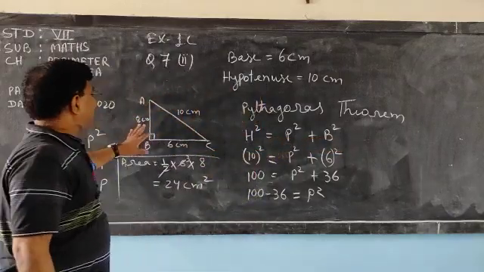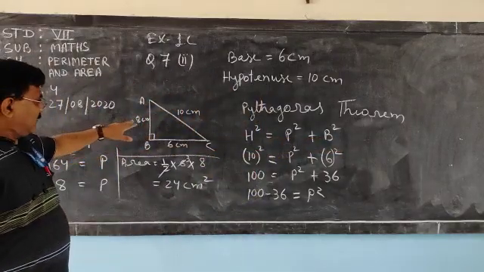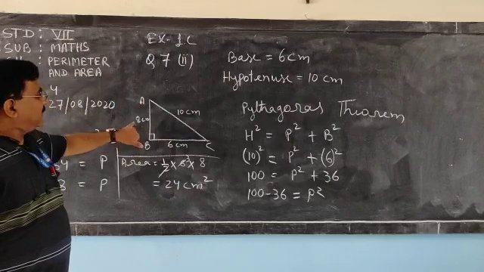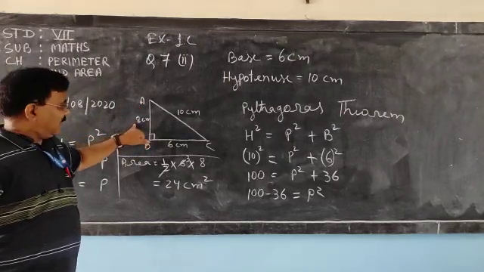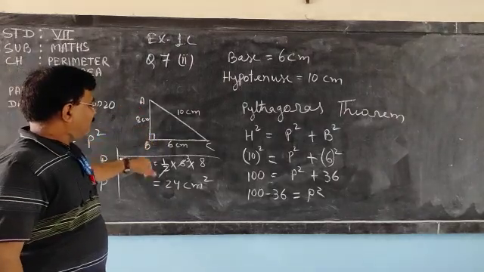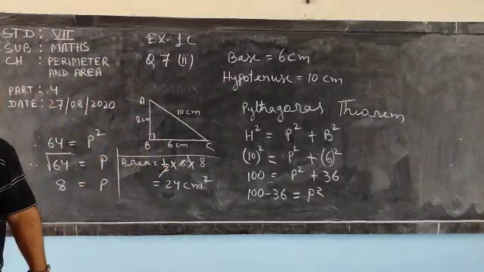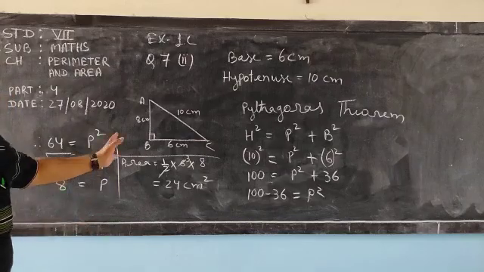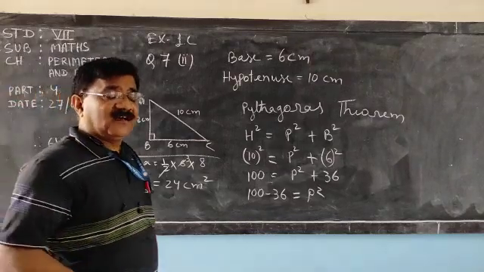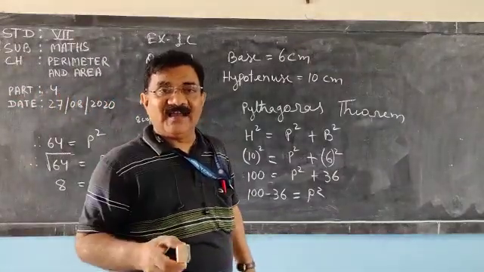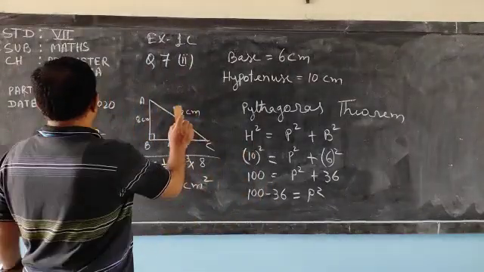This way we find the value of perpendicular AB, that is 8. And when we find the value of 8, we can write that area of triangle is equal to half into base into height. So if such a type of question is there, I am sure you will be able to solve it.